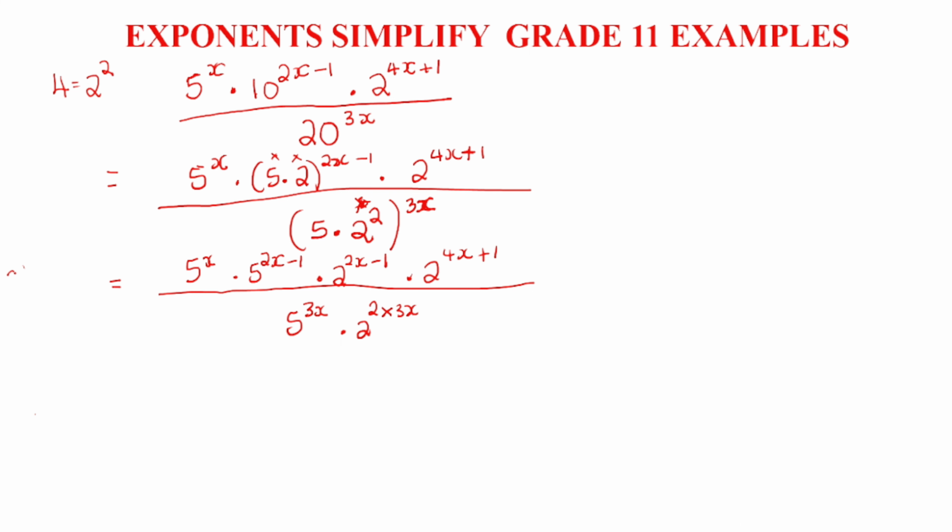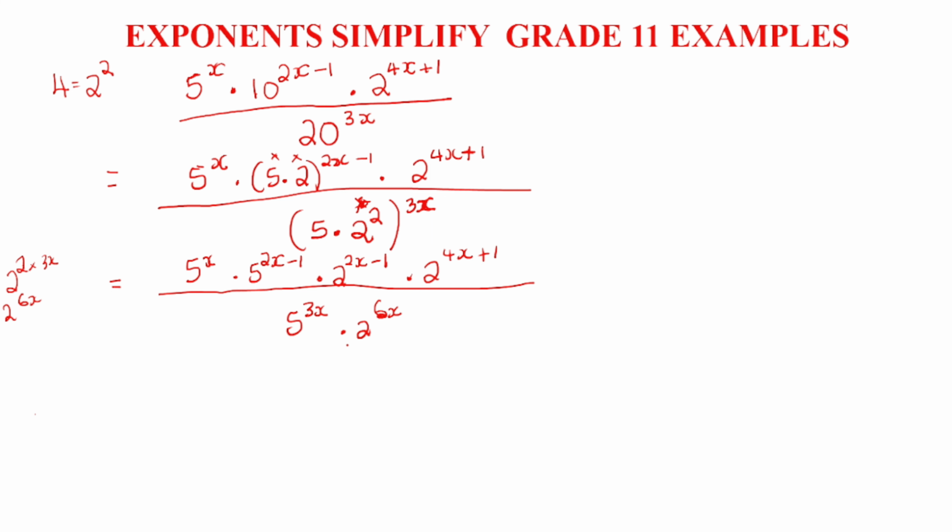This can be written as 2 to the power of 2 times 3x, which is going to be 2 to the power of 6x. Let me just write it here straight away as it is.